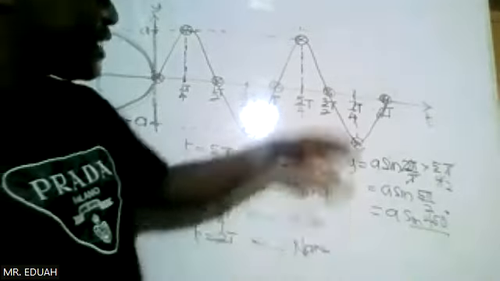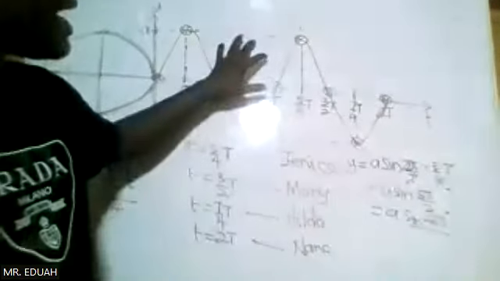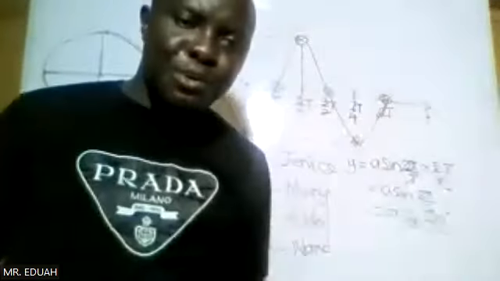Repetitive. That is why we call the motion harmonic. All harmonic motions are repetitive motions. If I ask you to draw it for 3 cycles, 4 cycles, you realize that it will be a repetition of the first one. Hence, simple harmonic motion.